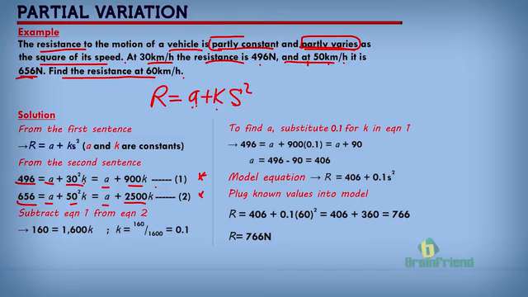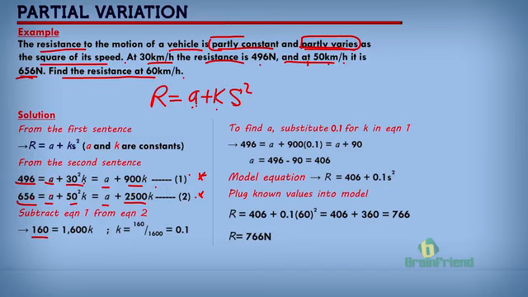If we quickly look at our two equations, we find out that they have like terms that we can easily cross out. So we can simply subtract our equations to get our subsequent equation. We subtract equation 1 from equation 2. 656 minus 496 will give us 160.